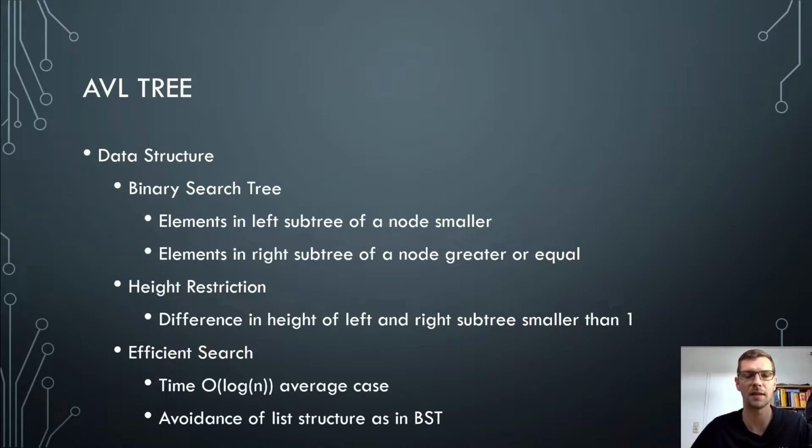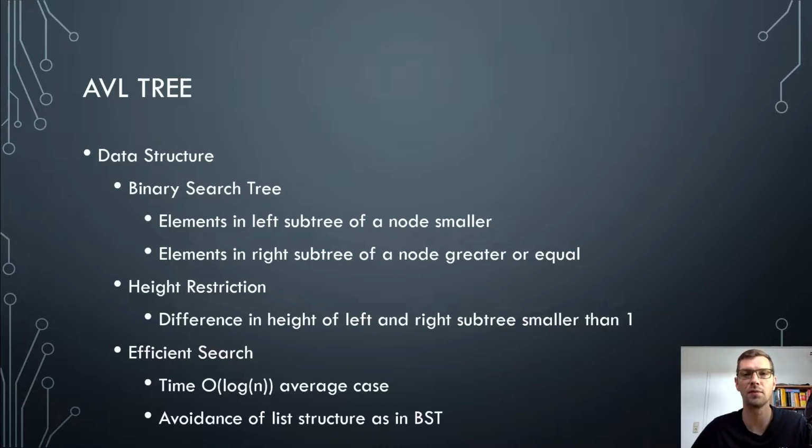But the speciality of the AVL tree is that we have a height restriction in our subtrees, and that means that the left subtree of a node is always 1 higher or lower or equal, but the difference is not higher than 1. Alright, and with that it has a search time of log n in average and worst case.